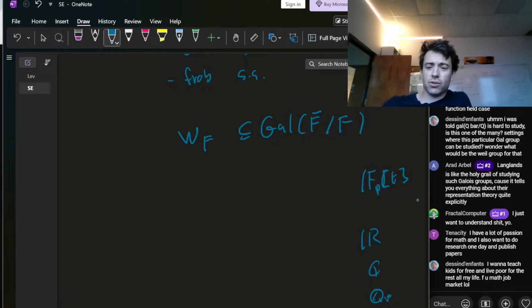That wouldn't really be compatible if I wanted to start a family in the next couple of years. I should say, people do it. People have families during their PhD all the time. But I couldn't imagine doing that on top of my life right now. So if you have a lot of passion for math, and you want to do research and one day publish papers.